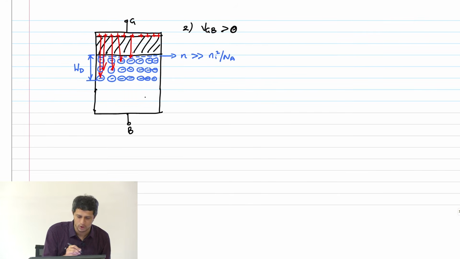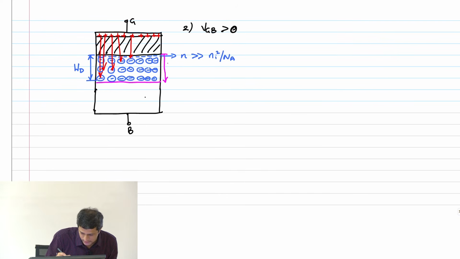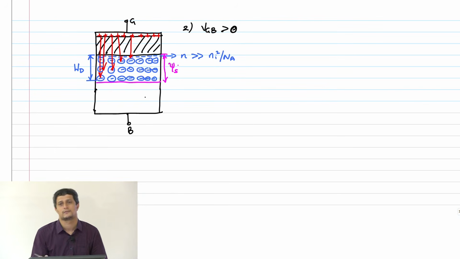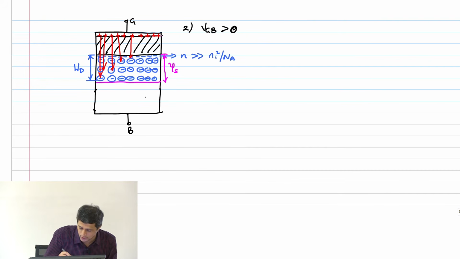I've shown on the left hand side a distance. I will show on the right hand side in magenta here the potential. So this is the surface potential psi s that develops between the surface and deep in the body. And of course there is an oxide potential also, which is here, psi ox.